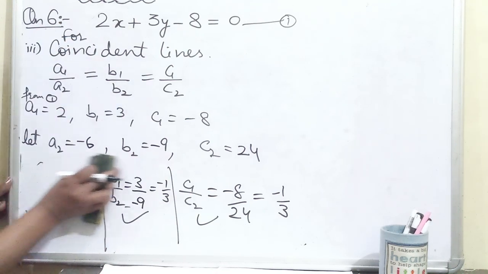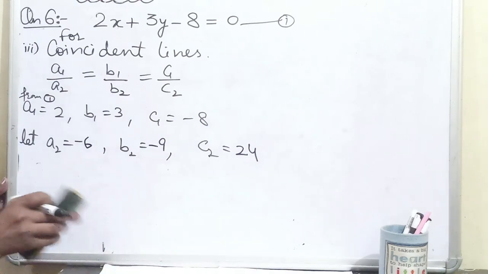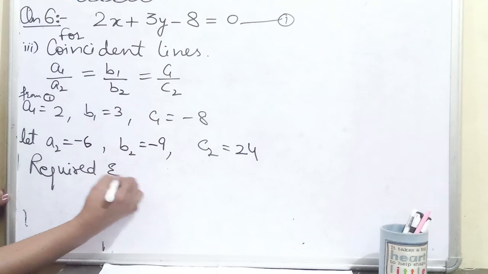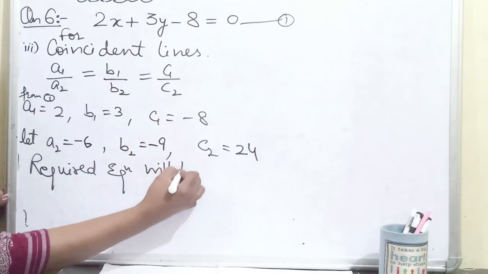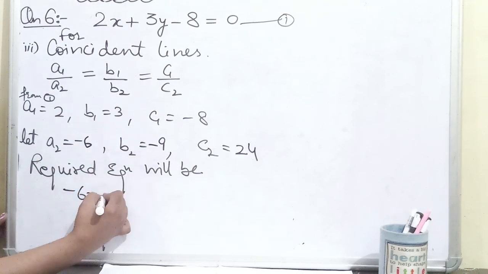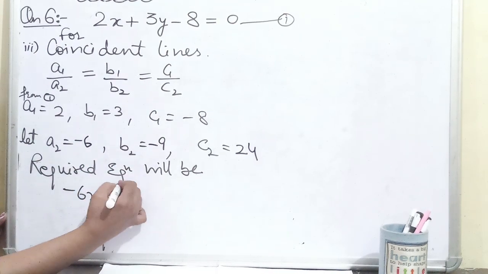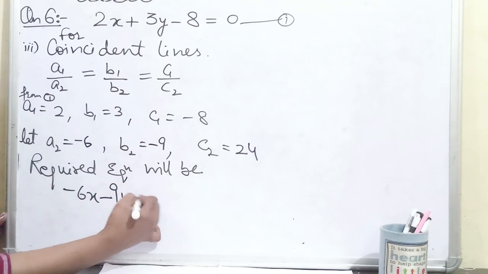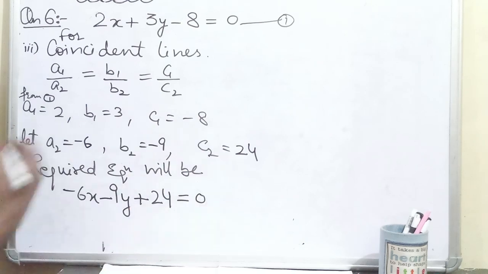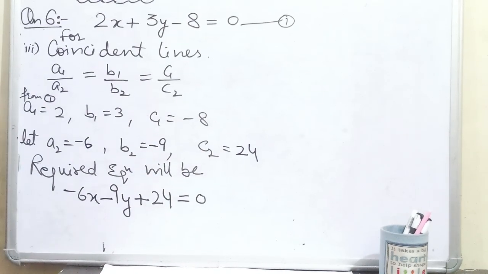So the required equation will be -6x minus 9y plus 24 equals to 0. This is the required equation.